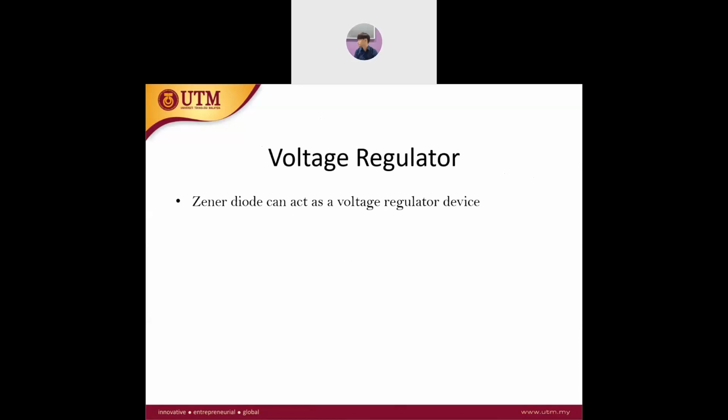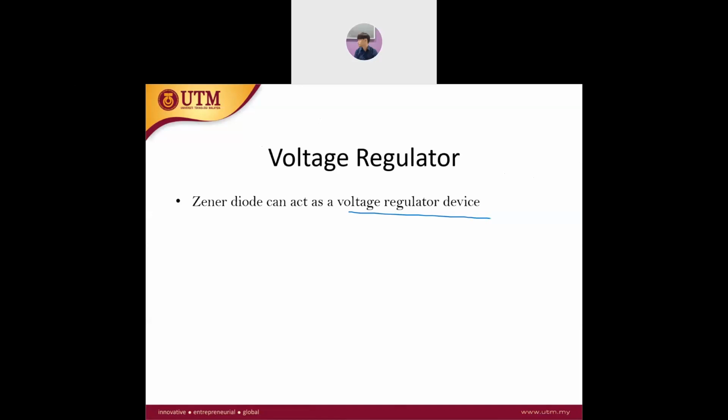So we go to the voltage regulator. ZENER diode can act as a voltage regulator device because after the knee voltage in the reverse bias, the voltage of the ZENER diode in the breakdown region is relatively almost constant. Relatively, because it's still subject to changes, but it is actually almost the same values.